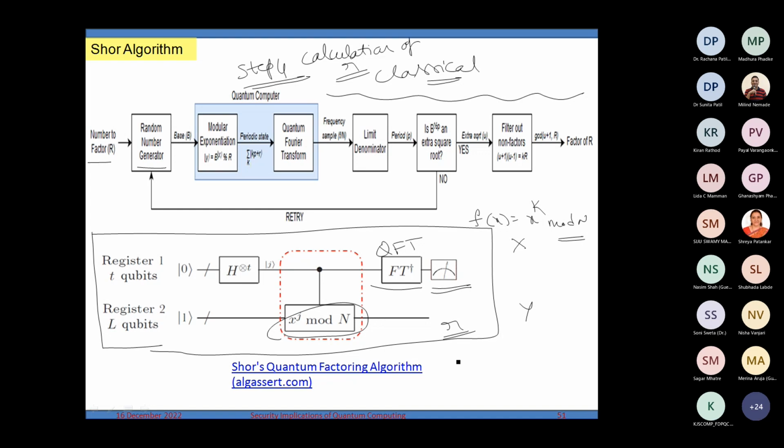There are some news coming in about implementations with about 1,000 qubits. But the number of qubits needed to break RSA in a practical scenario is much larger.